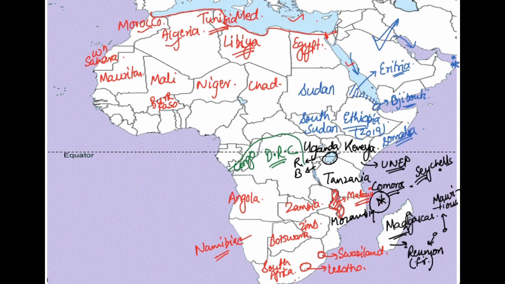West of Congo we have Gabon, northwest of Gabon we have Equatorial Guinea, north of Gabon we have Cameroon, and east of Cameroon we have the Central African Republic. With this we have completed the Central African countries.